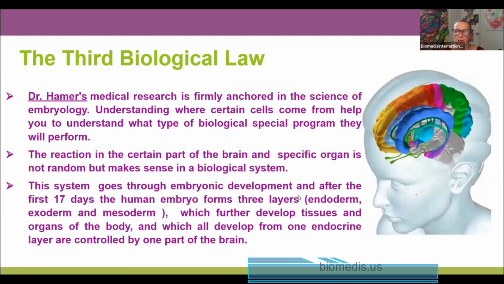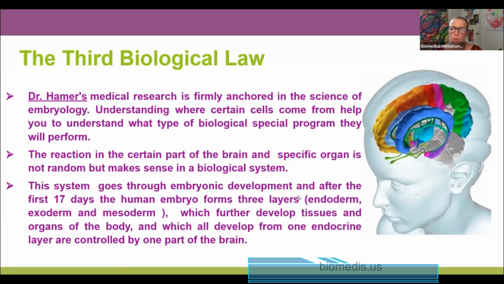The third biological law. Dr. Hamer's medical research is firmly anchored in the science of embryology. Understanding where certain cells come from helps you understand what type of biological special program the body will perform. The reactions in a certain part of the brain and a specific organ are not random, but make sense in a biological system.